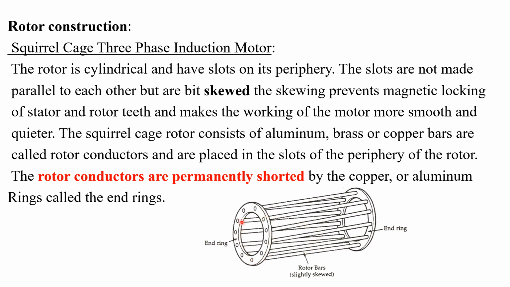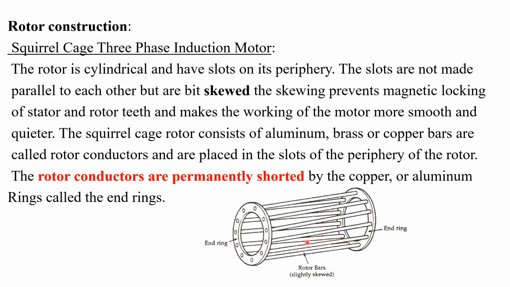These slots are not exactly parallel, because they are made skewed in order to reduce magnetic locking, and this makes for smooth operation.